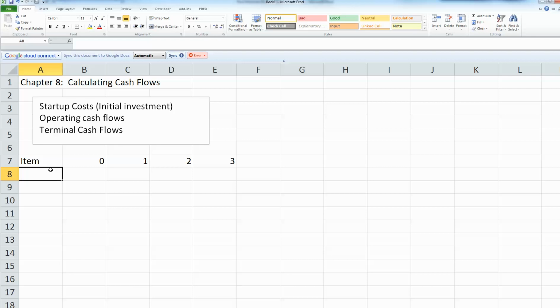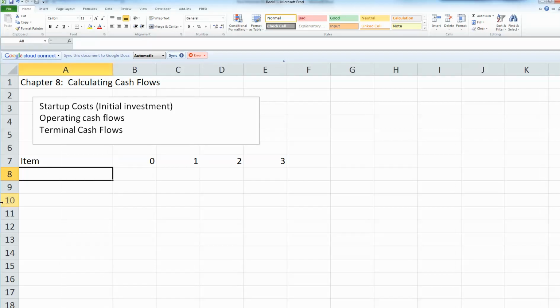Before I can open my doors for business, I need to purchase some land and some permits. Under Part A of Startup Cost, it tells me that that is $10,000. So I'm going to start just tracking things. So purchase land and permits, and that costs $10,000. So I'm putting it as an outflow at time 0.